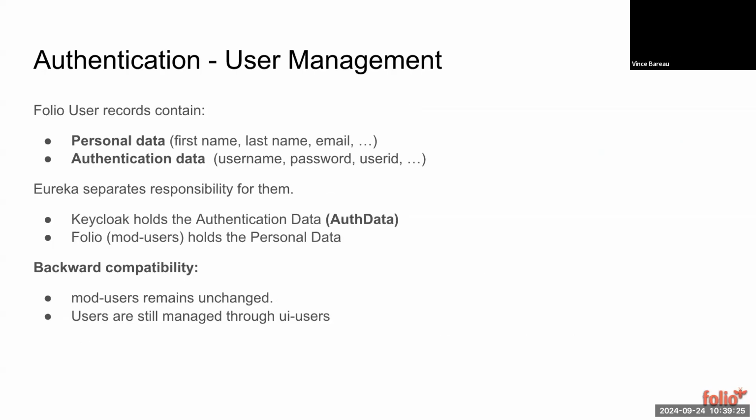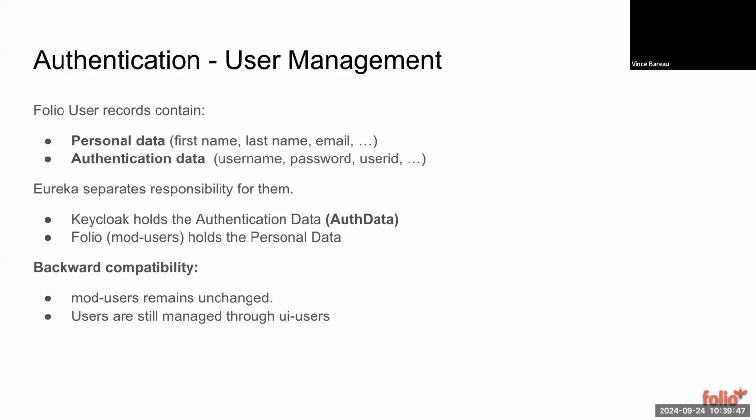So the authentication involves, first of all, user management. So as part of Eureka, what we've done is we've sort of isolated from the existing structures of Folio with the user application, the parts of the user data which are related to authentication versus what is personal information.